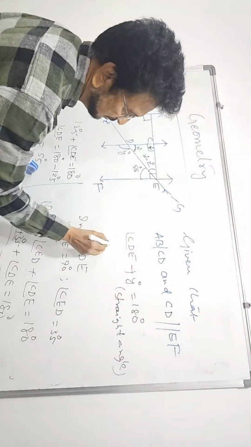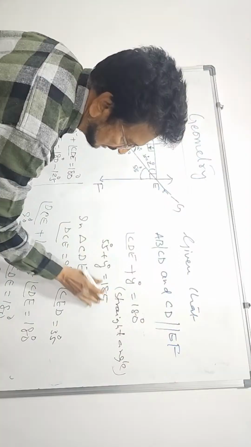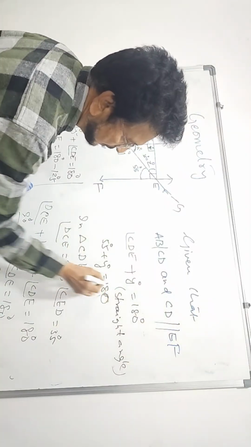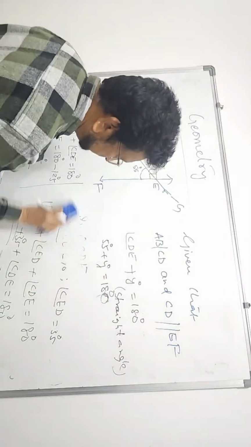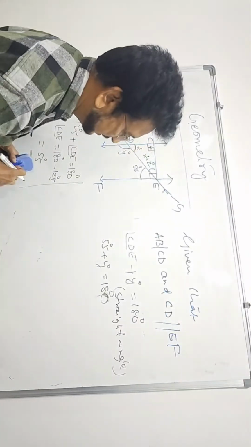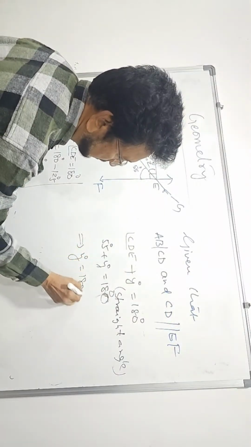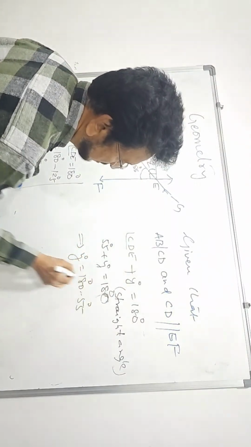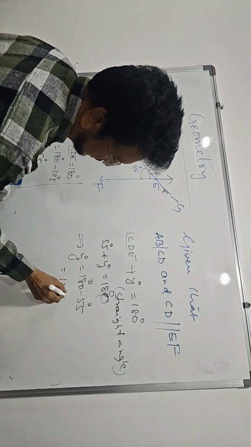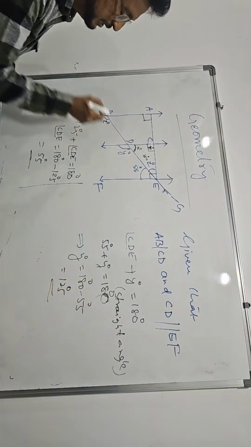This is 55. 55 plus Y is equal to 180. Then what is Y? Y angle is 180 minus 55. How much? 125 degree. The value of Y we got 125.